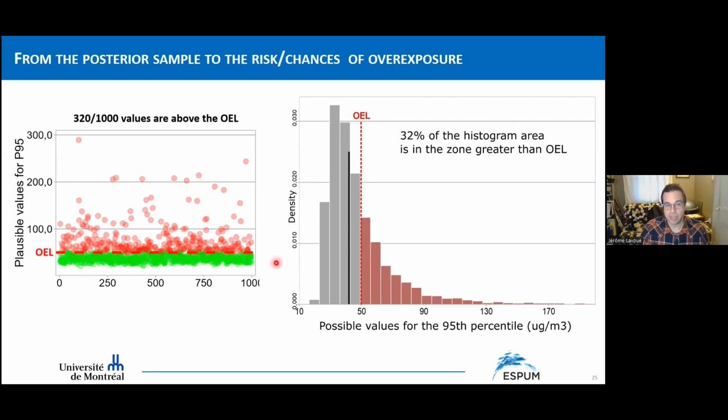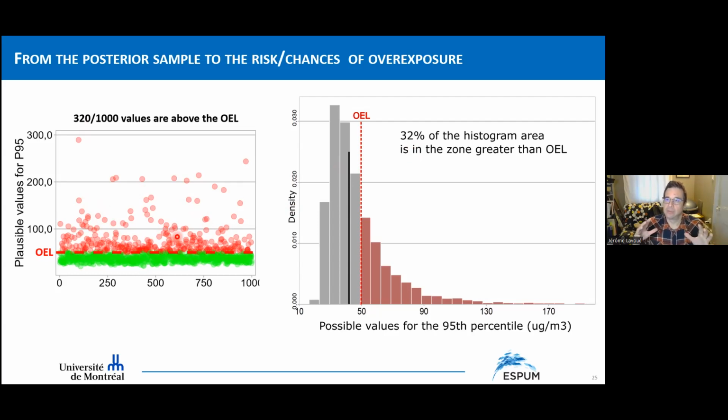And thanks to the Bayesian model, and even using Excel once I have my 1,000 points, I can determine that 320, or 32%, of the values are above the OEL.